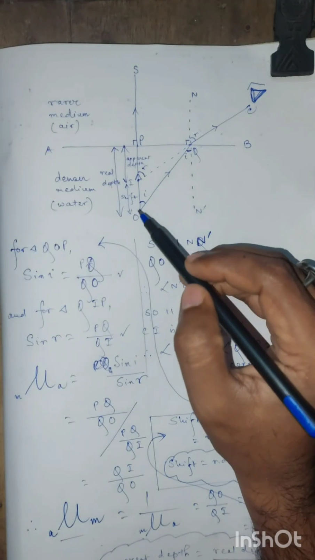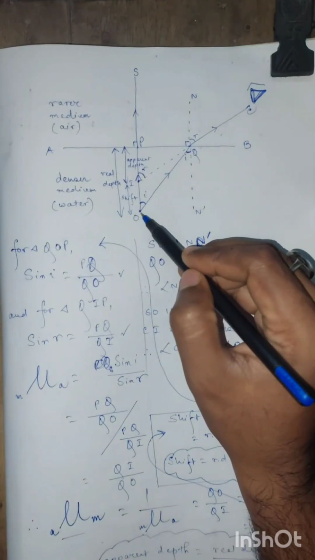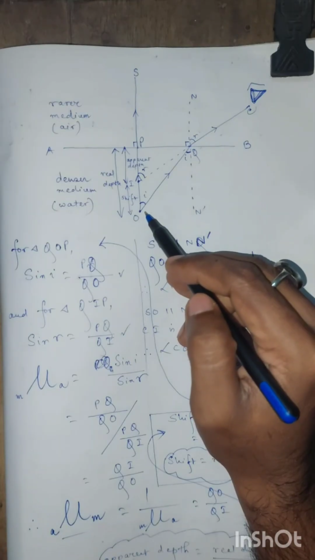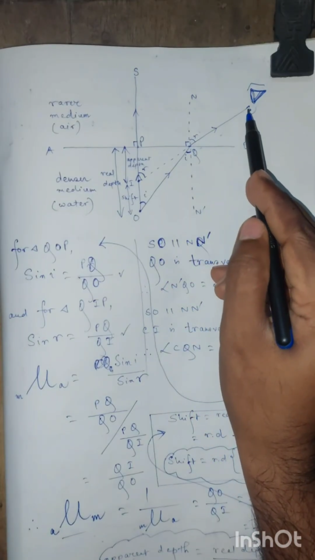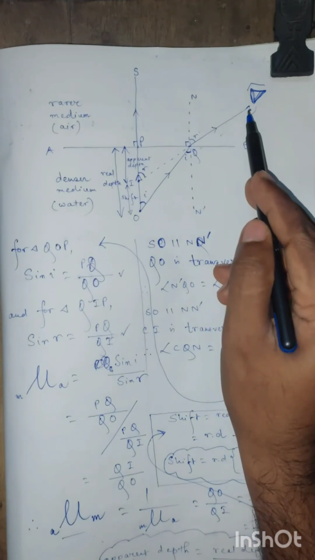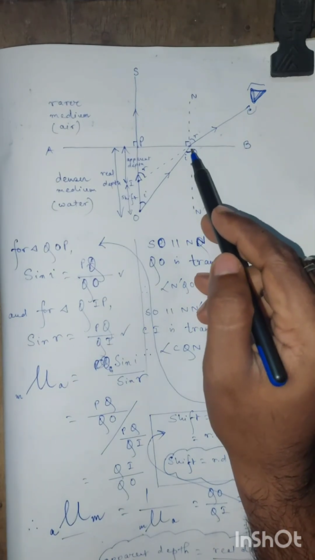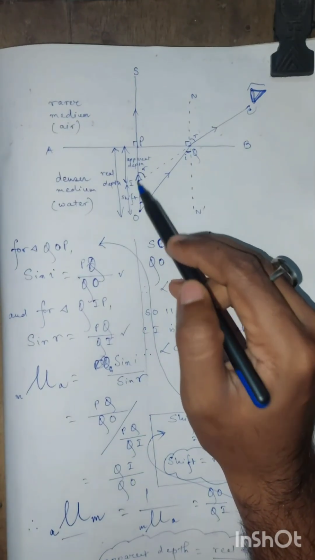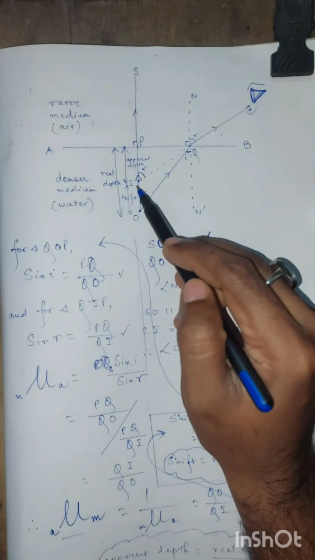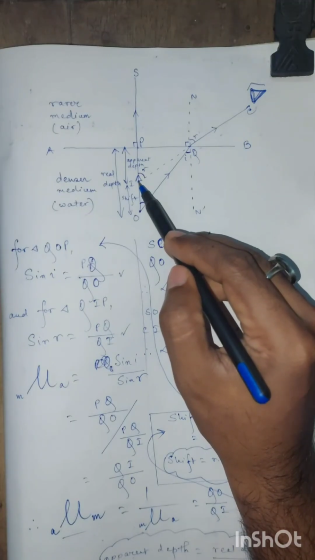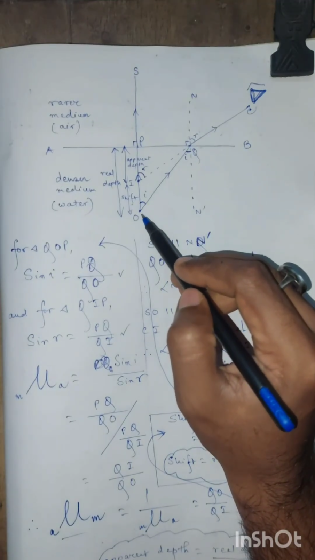Actually the object is placed here, but our eye will not see the actual path of light. When we extend or produce the refracted ray backwards, it will meet the perpendicular ray at this point. So here we will observe the image of this object.